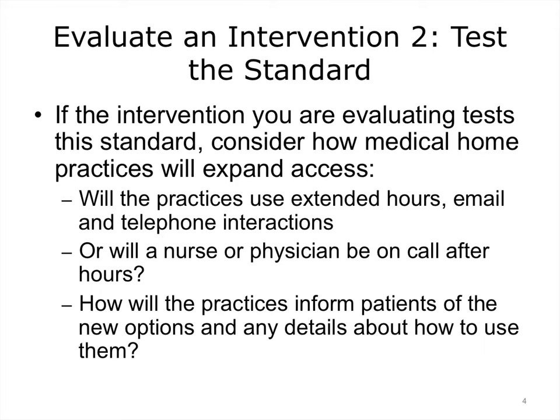If the intervention you are evaluating tests this standard, you would consider how the medical home practices will expand access. Will the practices use extended hours, email and telephone interactions, or have a nurse or physician on call after hours? How will the practices inform patients of the new options and any details about how to use them?